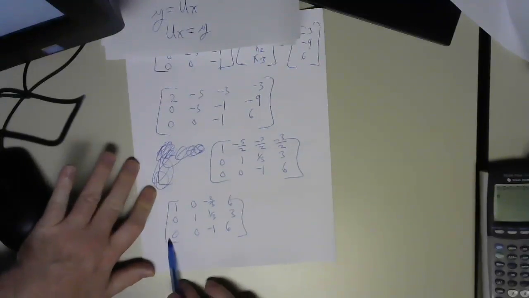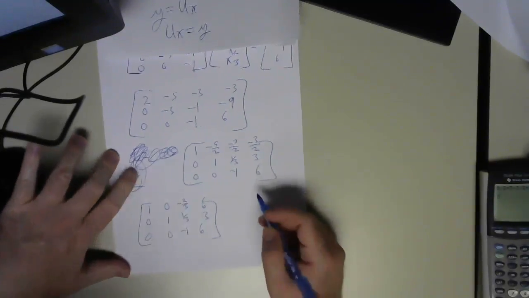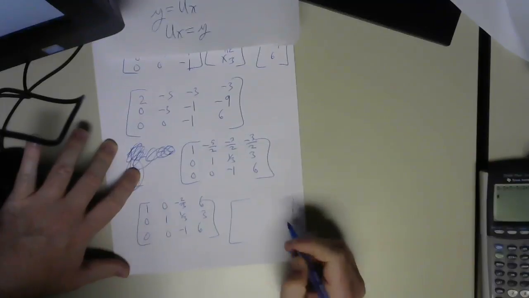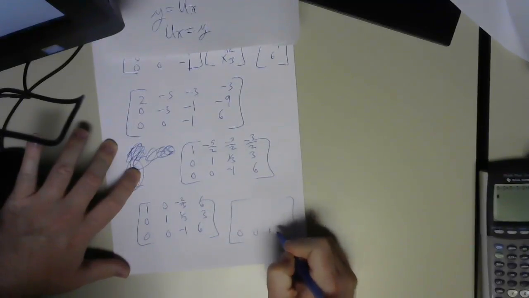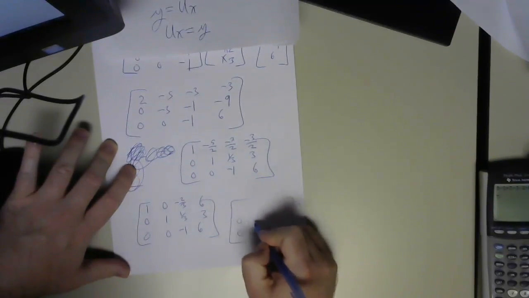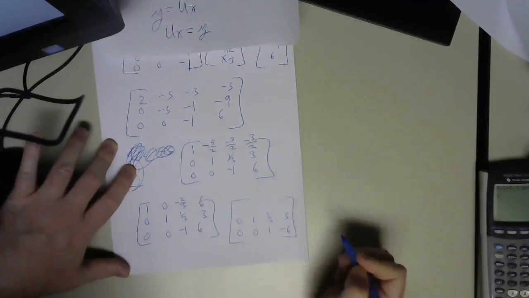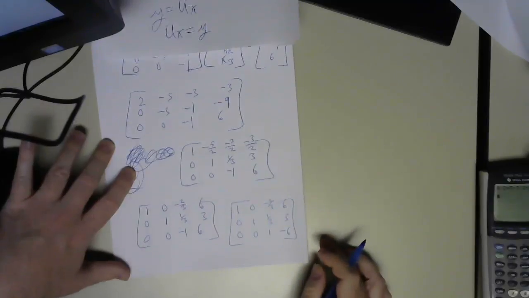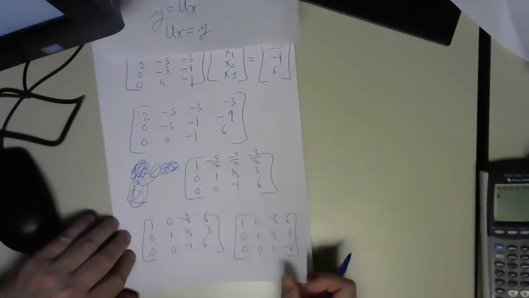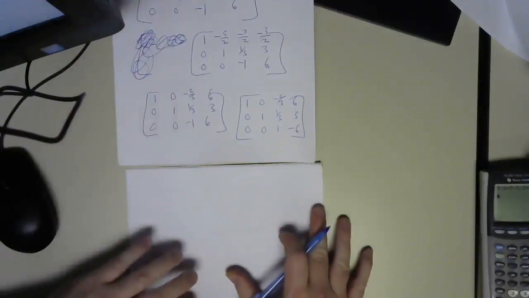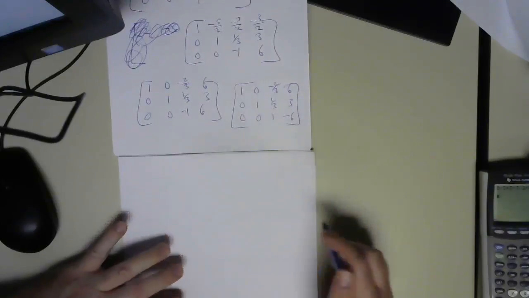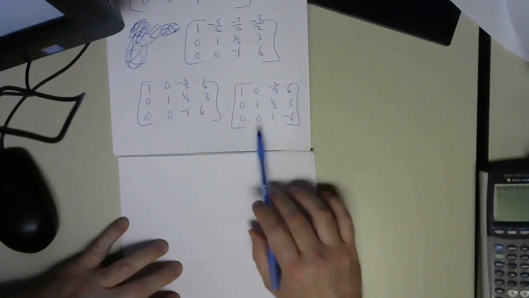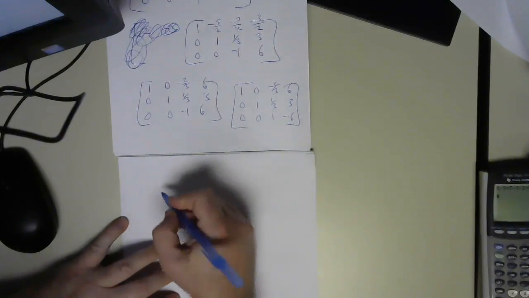All right, next step is to multiply the third row by -1. Almost there. And let's get rid of this 1/3. So I'll multiply the third row by -1/3 and add it to the second row.